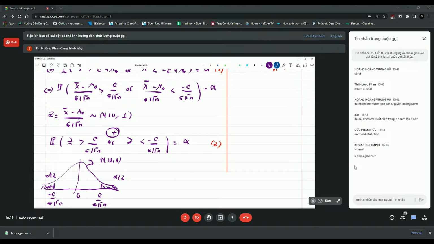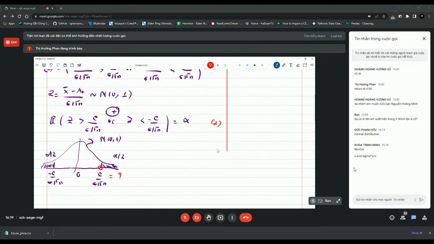Okay. So look at the figure. Can you recognize what is the value of c written here? Sorry, what is the value of c over sigma square root of n? Look at the figure. What is the value of c over sigma square root of n?